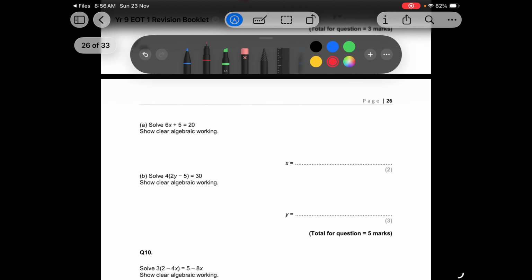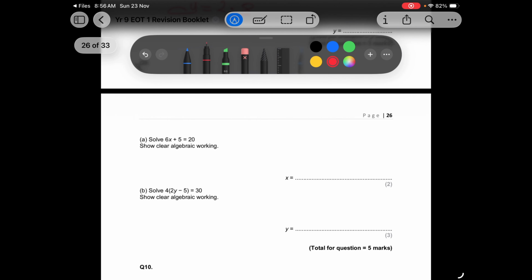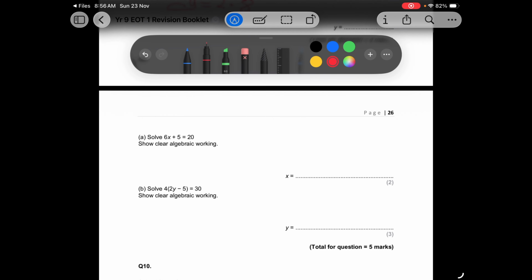Okay, so here solve 6x. This is really very, very super easy. So it will be 6x equals 20 minus 5, which means 6x equals 15.